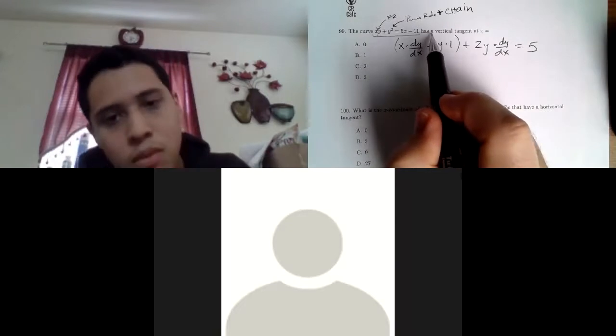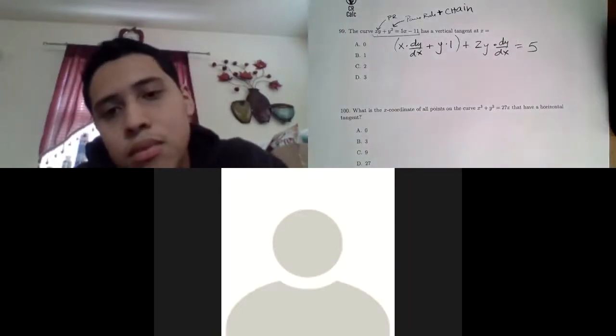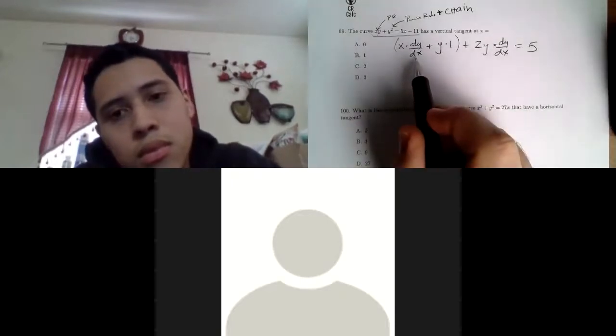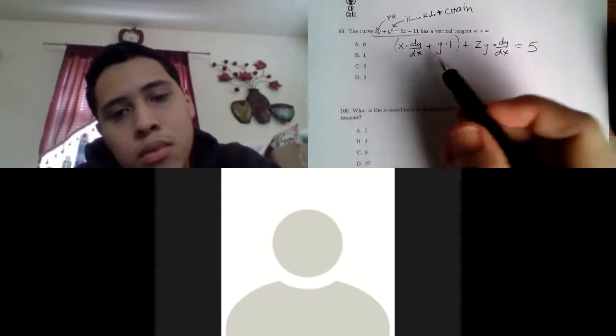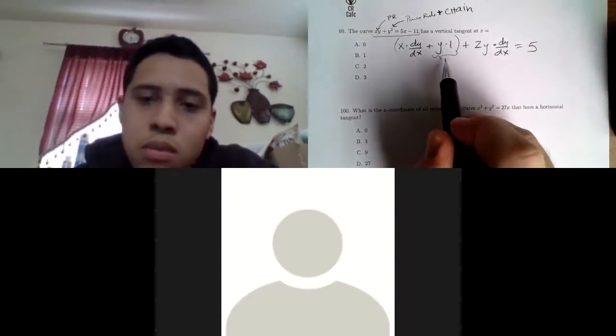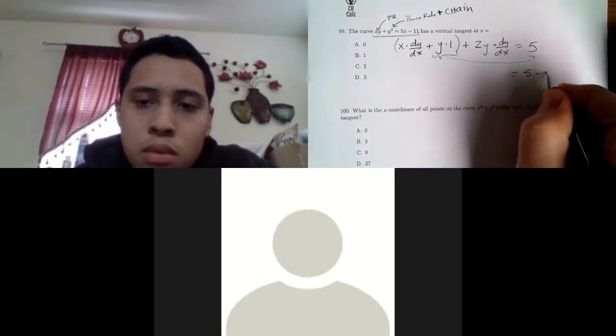And then we want to know where it has a vertical tangent. All right, so we need to solve this thing for dy over dx. The first thing I'm going to do is look for terms that do not have a dy over dx in them, like this one, and move that term to the right using algebra. So the right-hand side is going to be 5 minus y.